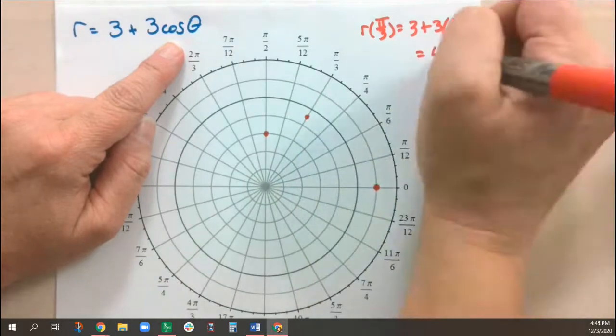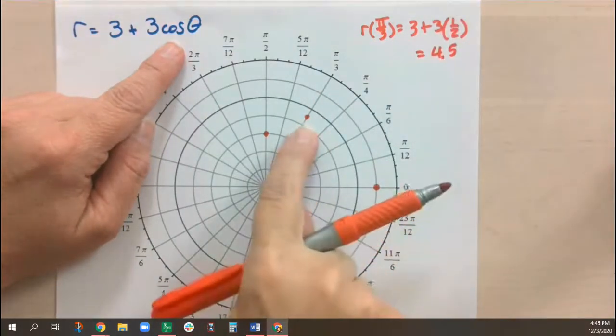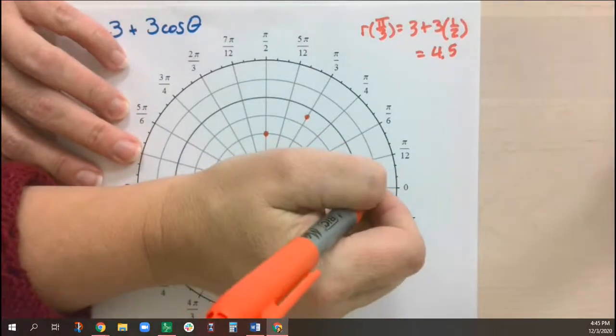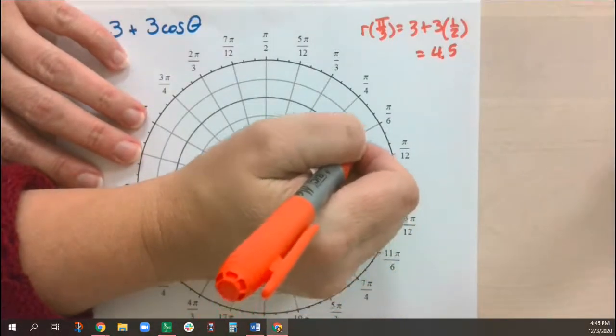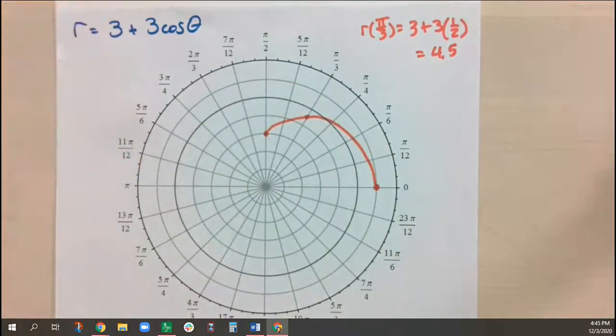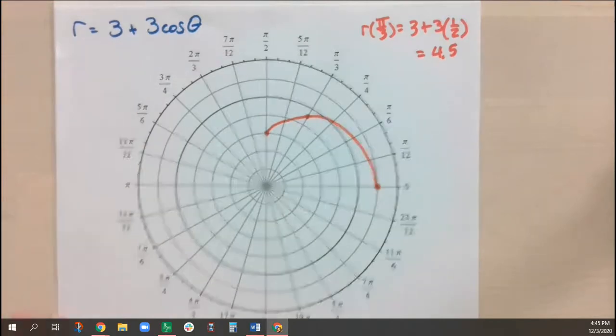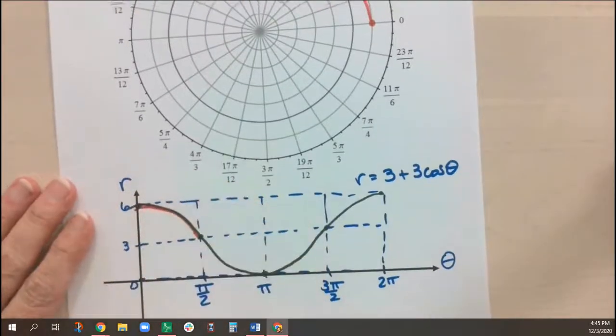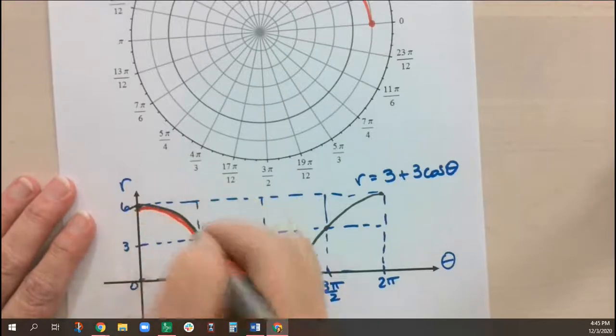Sorry, I'll write that up there, 4.5. That gives me that point right there. And now, and this is scary, I usually do this with a pencil, but I'm doing it with a marker. Okay. So our curve is going to look something like that, curved in nature, connecting those 3 points. And that connects to this part of our graph down here, right here.